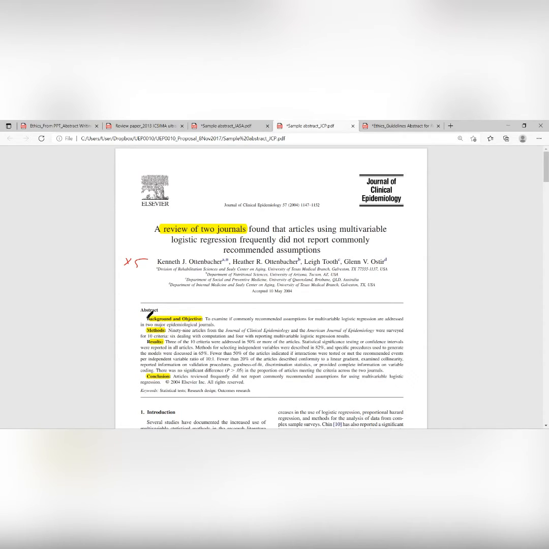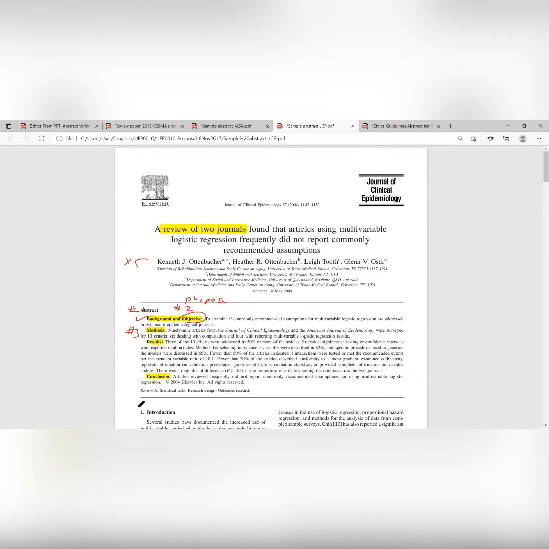It goes first with the background and objective. So it doesn't say the purpose, but instead it says what the objective of the paper is. This is number one, number two, and then number three, the method.